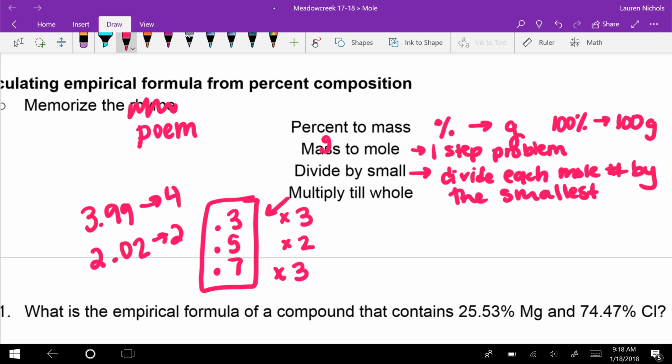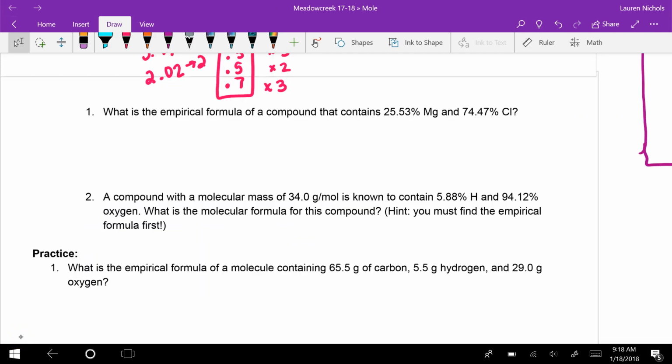So let's look at a sample problem. Number 1 says, what is the empirical formula of a compound that contains 25.53% magnesium and 74.47% chlorine? Now we remember the first step of the poem is percent to mass, or percent to grams.